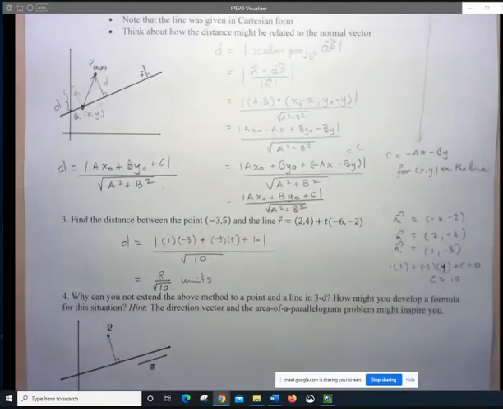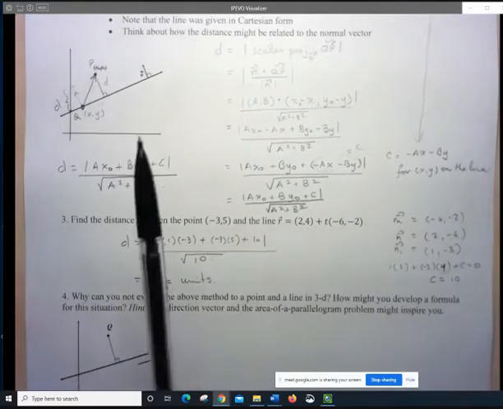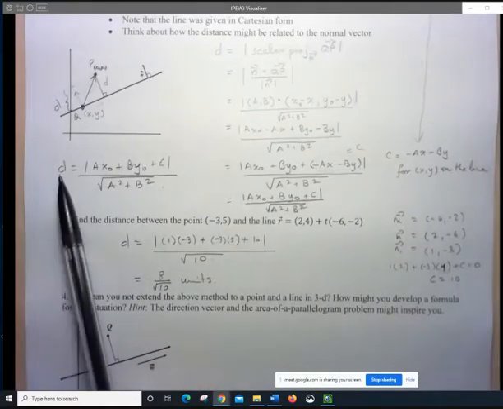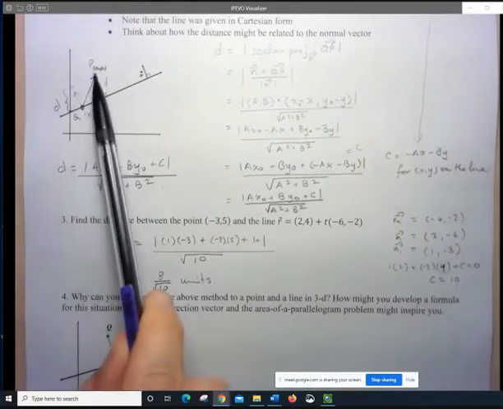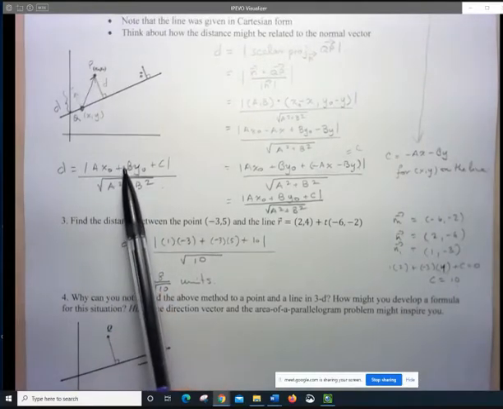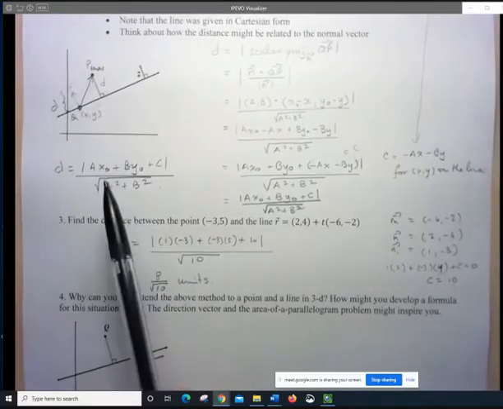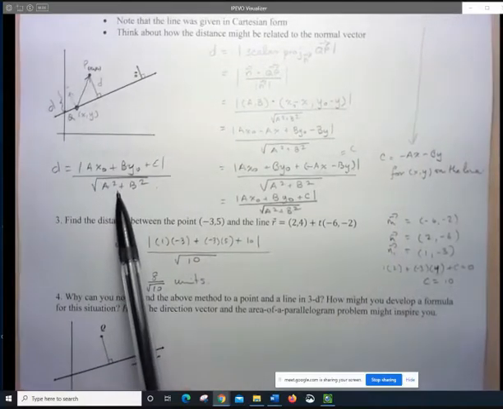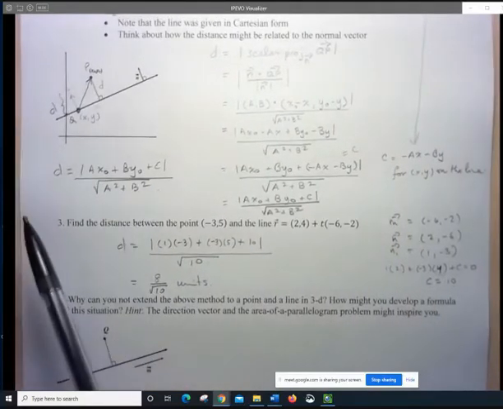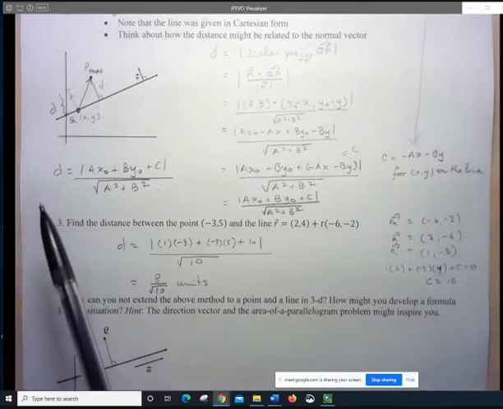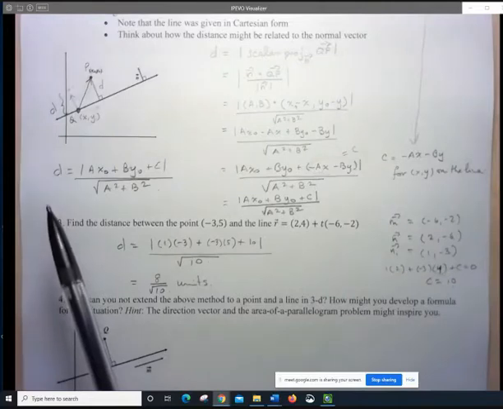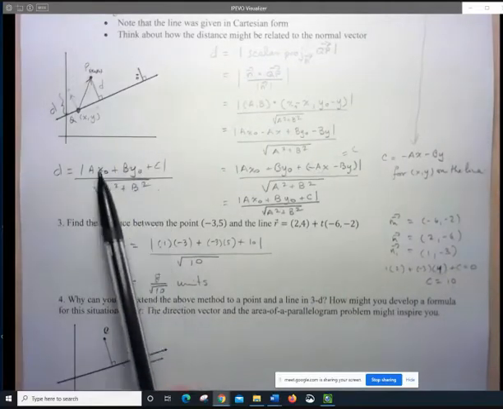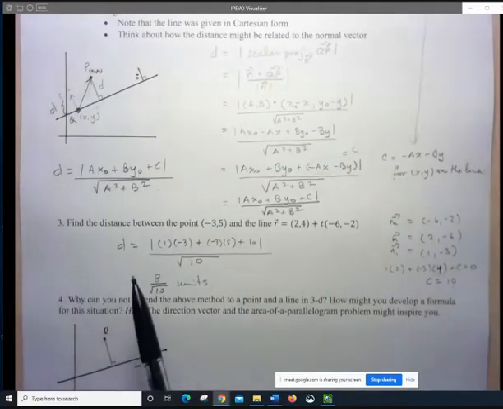Okay, so in the end, what you want to try to remember is that the distance is given by the absolute value of the given point inputted into the equation of the line divided by the magnitude of your normal vector. That's sort of the easiest way to remember the formula, okay? Instead of remembering it as a series of letters, okay?